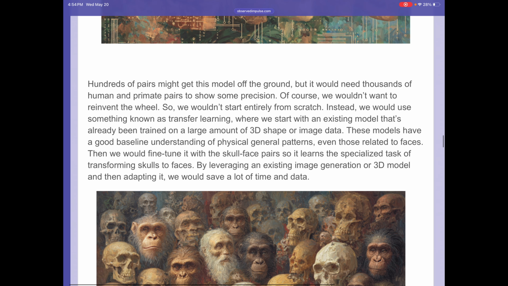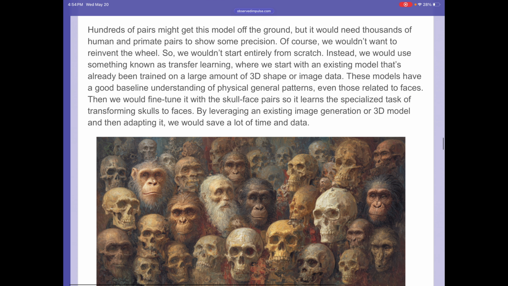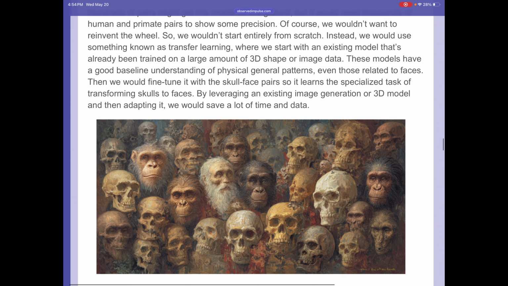So hundreds of pairs might get this model off the ground, but it would need thousands of human and primate pairs to show some precision. Of course, we wouldn't want to reinvent the wheel, so we wouldn't start entirely from scratch. Instead, we use something known as transfer learning, where we start with an existing model that's already been trained on a large amount of 3D shape or image data. These models have a good baseline understanding of general physical patterns, even those related to faces.